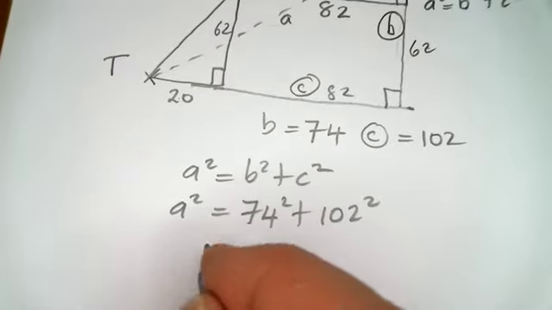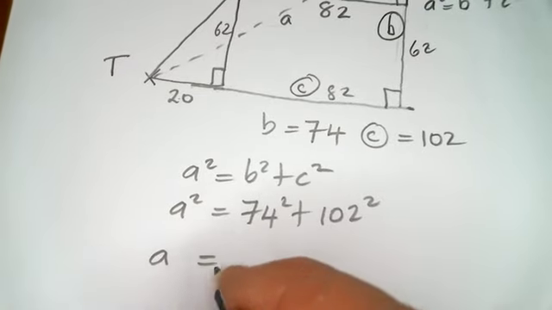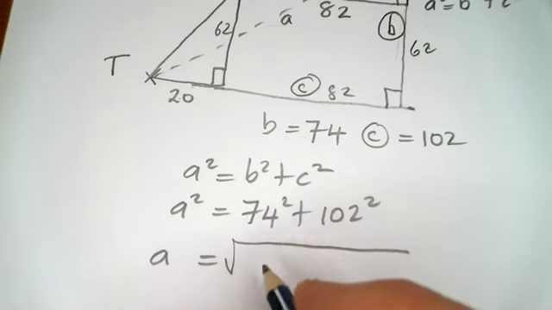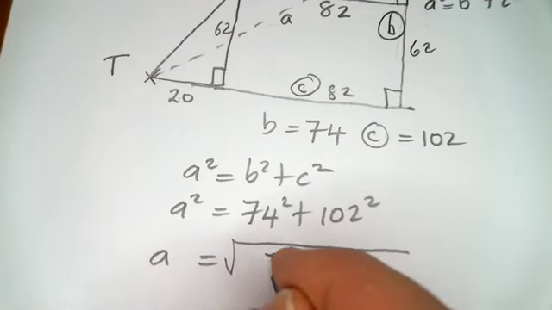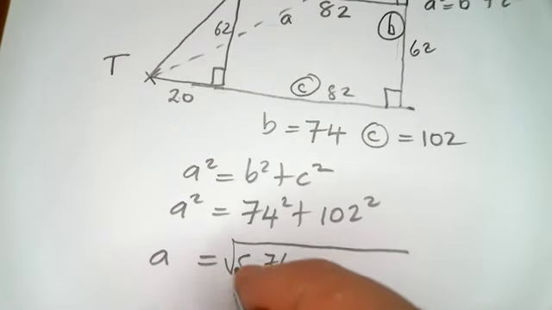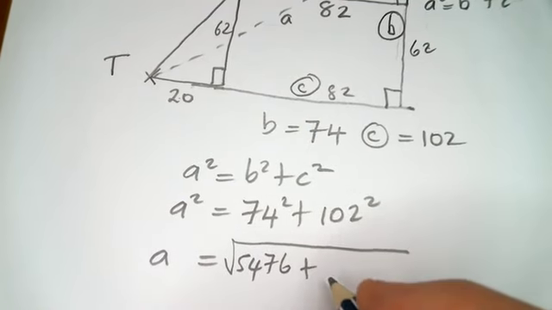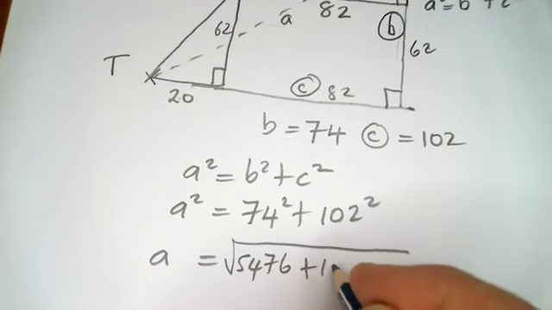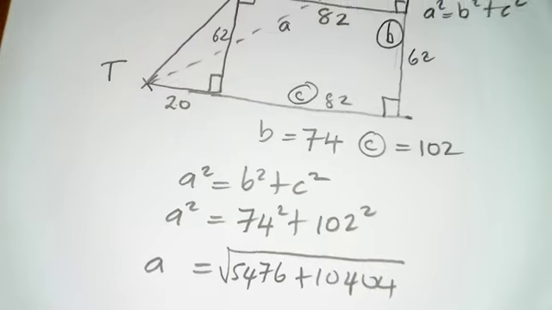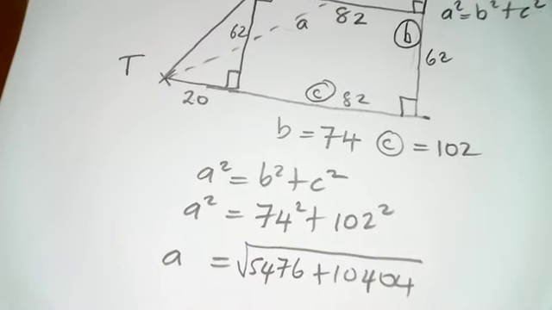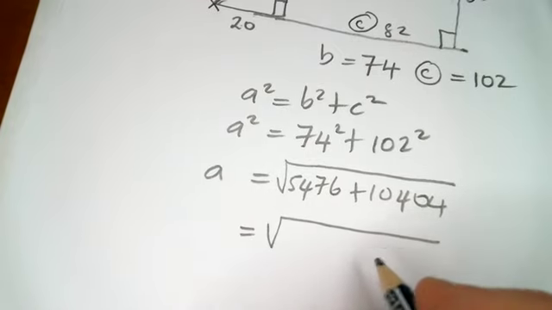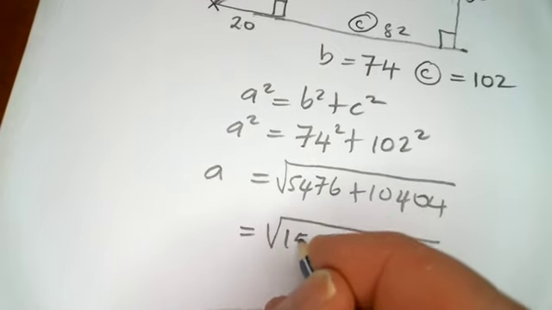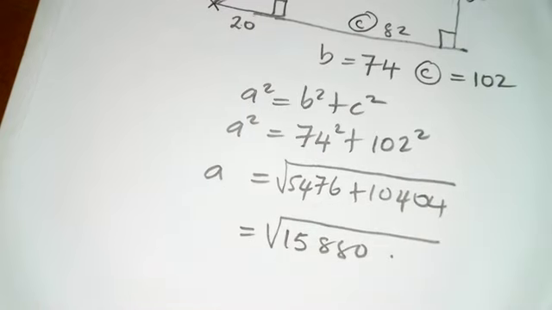All right, so A now equals root. Well, 74 squared is 5,476, and 102 squared is 10,404. Adding those two together, we end up with 15,880.